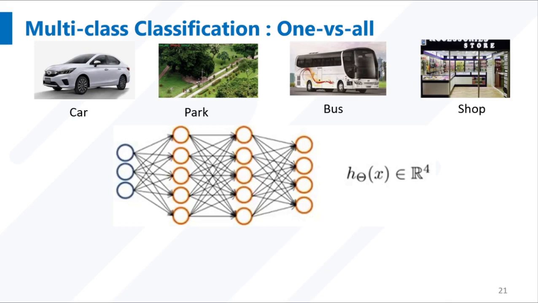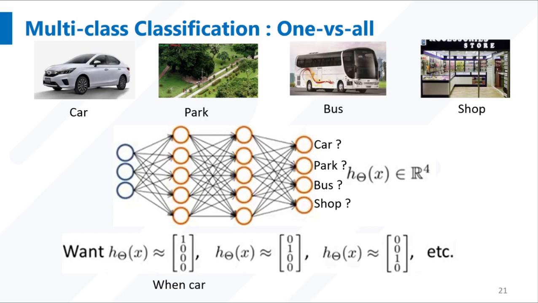We are going to try to get the first output unit to classify the image as car, yes or no. The second unit to classify park, yes or no. The third unit to classify the image as bus, yes or no. And the last unit to classify the image as shop, yes or no. Thus, when the image is of a car, we want the output 1000, and when the image is a park, we want the output 0100, and so on.